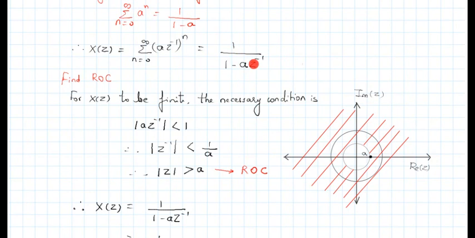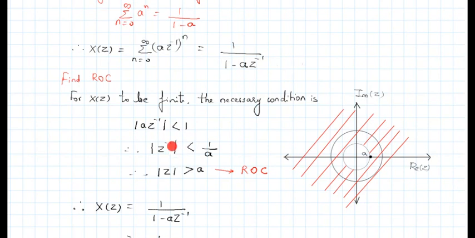If this term is always less than 1, there will never be a situation that we get 1 by 0 in the denominator. So we will set the condition for a proper ROC: this term a z raised to minus 1 should always be less than 1. So what do we get?